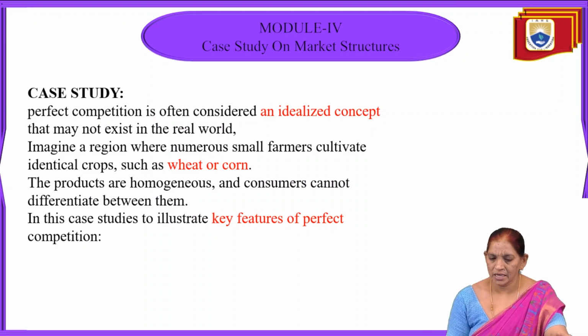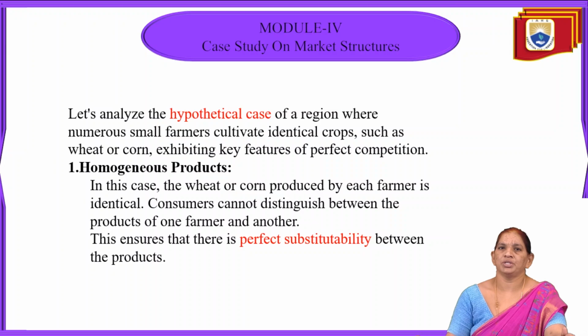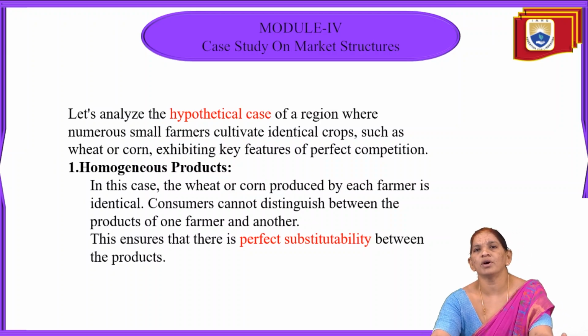Now we'll see how to work through the case study of perfect competition with small farm cultivation. First we examine the hypothetical case of a region where numerous small farmers cultivate identical crops such as wheat or corn, exhibiting the key features of perfect competition.